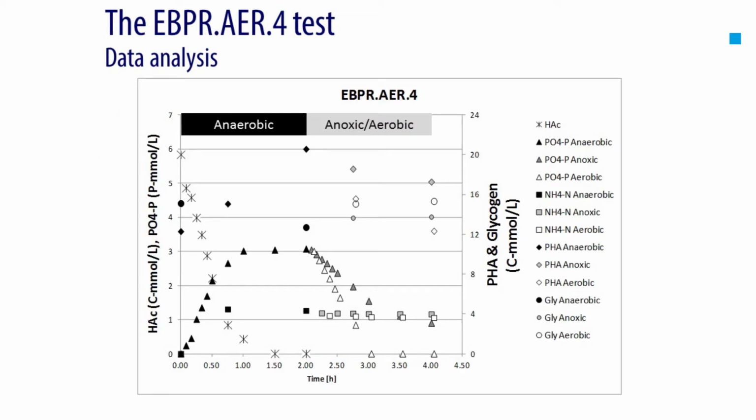The data of the analysis from each sample can be plotted as a function of the sampling time. The time when substrate was added should be taken as the starting point.